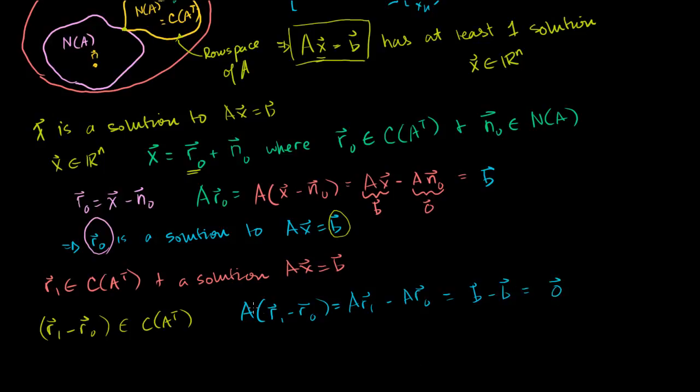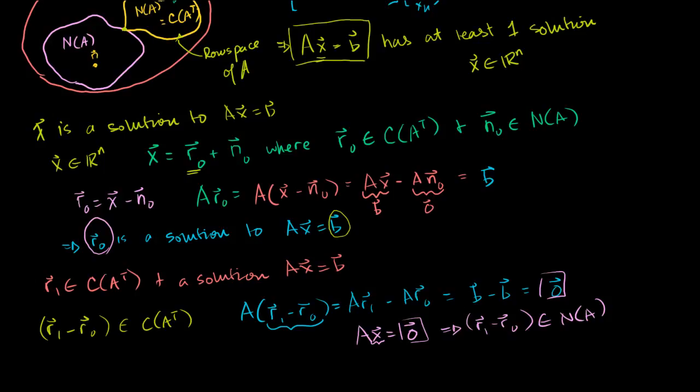Now, this is interesting. This tells us that r1 minus r0 is a solution to the equation Ax is equal to 0, right? When I put r1 minus r0 in the place of x right there, and I multiplied it times the A, I got 0, which implies that this vector r1 minus r0 is a member of our null space.